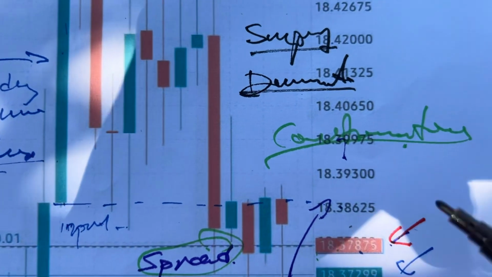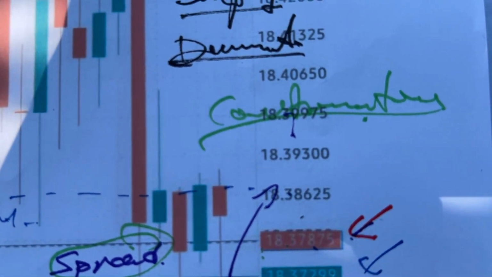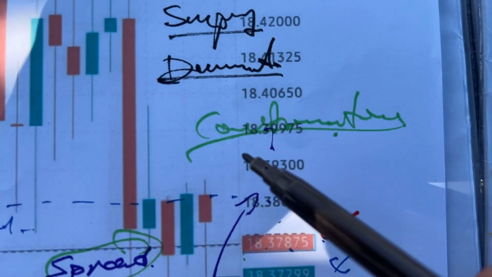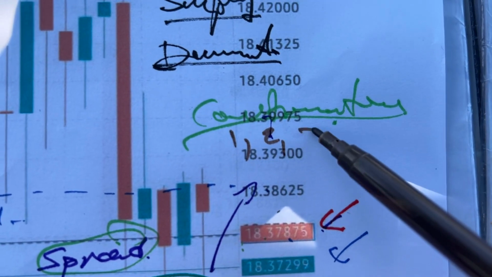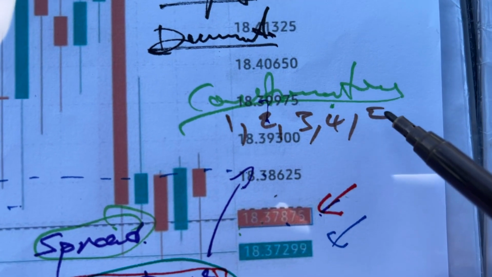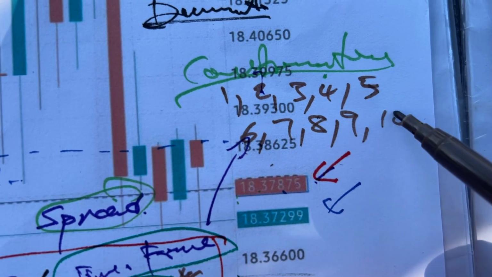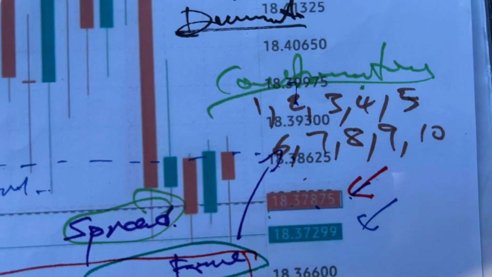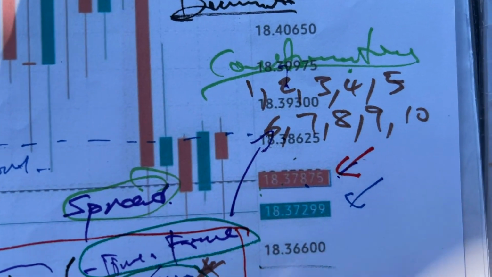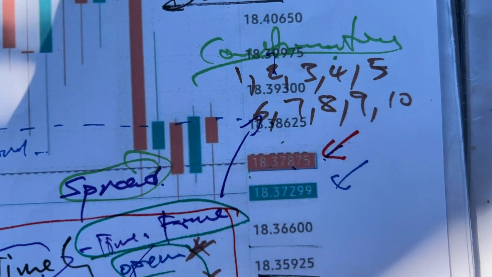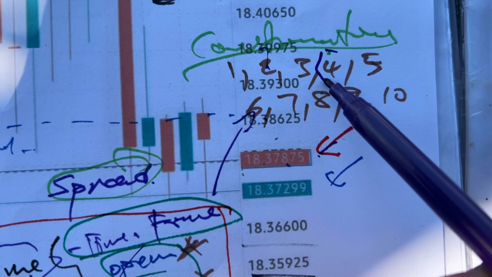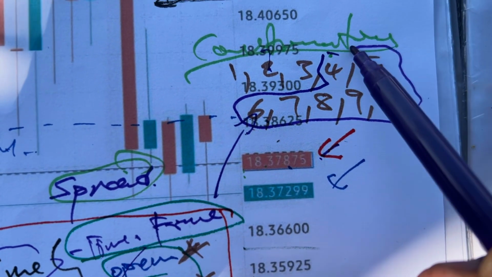Now, when we're talking about combination, we're talking about the candlestick pattern. Candlestick pattern, we can have 1, 2, 3, 4, 5, 6, 7, 8, 9, 10. All right? And these are patterns from 4 up to this candlestick pattern.